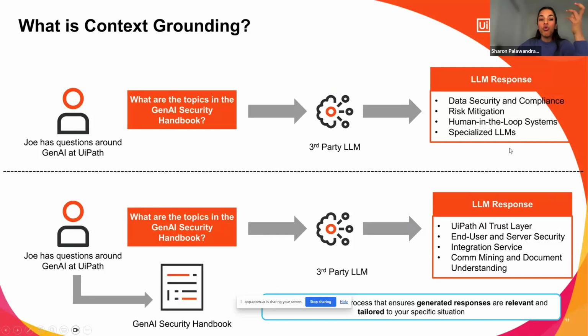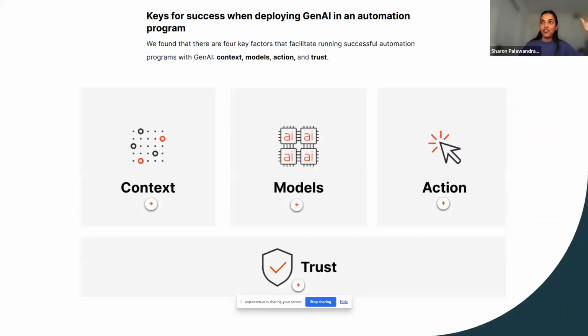You will be getting more fine-tuned responses. For example, about the AI trust layer that we talked about, end-to-end service security, and all of these ideas. So essentially, in a nutshell, context grounding is us making a foundation on an already existing LLM and training it with our data. It's as simple as that, right?